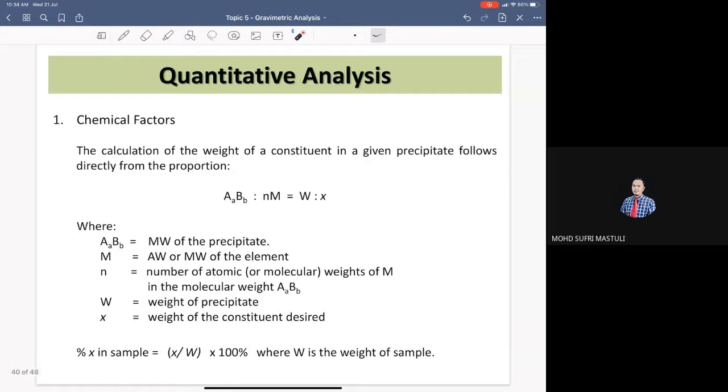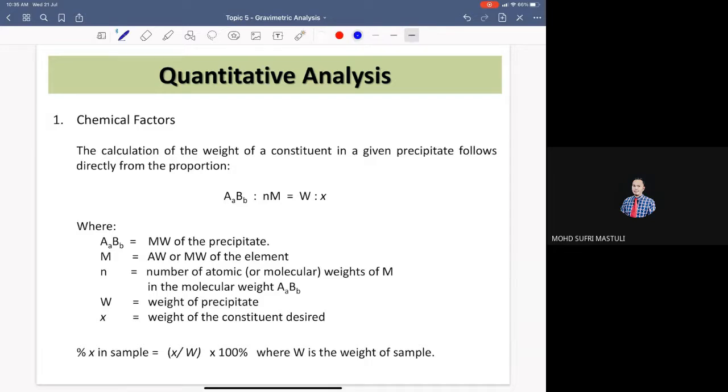For the chemical factor, the calculation of the weight of the constituent, or the weight of analyte, in a given precipitate follows directly from the proportion. This is the formula to calculate the chemical factor. You have to identify carefully the meaning of each letter in this formula.